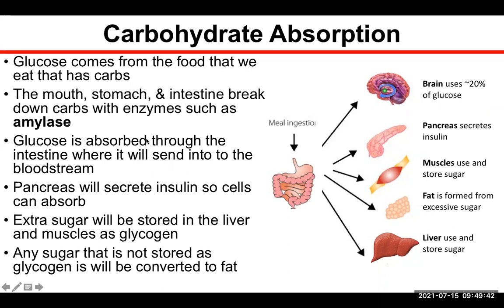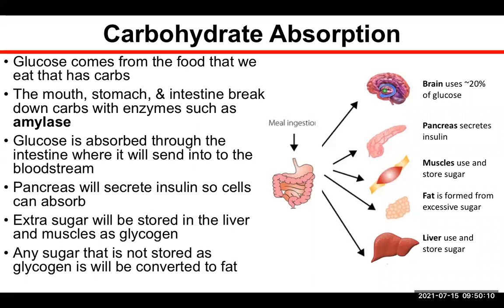The way that we absorb this is once it's in the mono form, so in the glucose or fructose or galactose form. Once it's in this form, the intestine can absorb it because it has glucose transporters on it, and this facilitates the transport into the bloodstream.